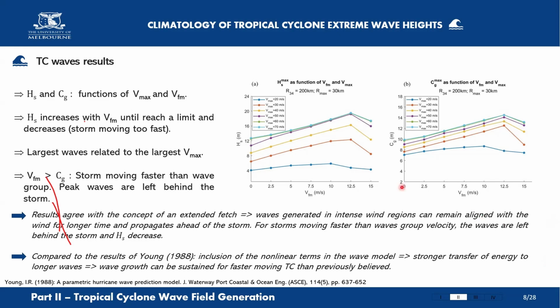Young, in his results, got wave growth until 10 meters per second of the velocity of forward movement. In our study, we got results showing that the waves can grow up to 12.5 meters per second of the velocity of forward movement.